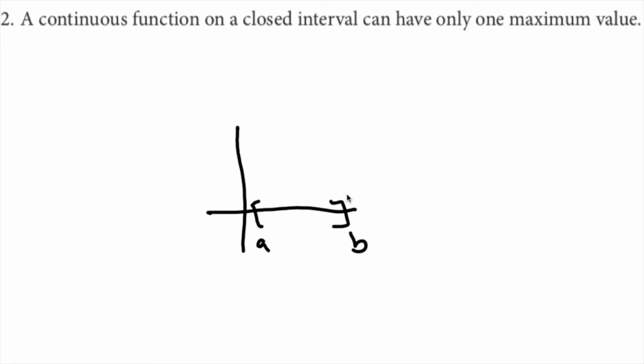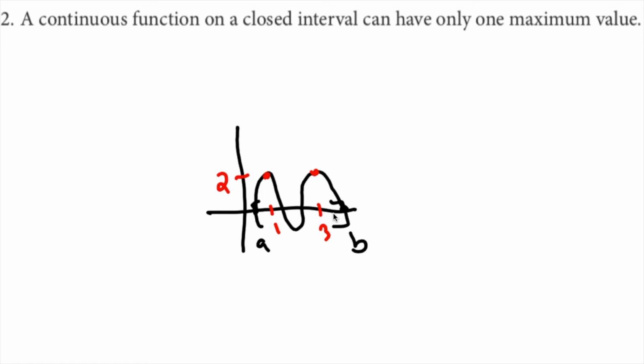Now, if we have a continuous function on this, you could have something that looks like this. So what you want to think about is, there were two critical values here that gave you, let's say this was at 2, and this was 1, and this was 3, or something like that.